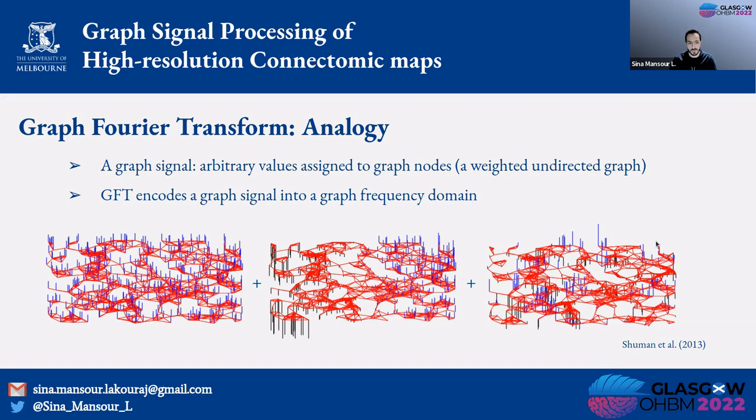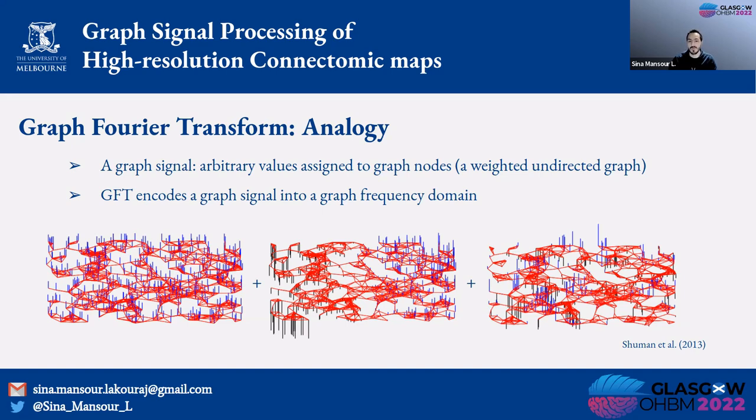So in the picture here, the very first harmonic on the left is the lowest frequency observed on a graph, and we can see that there are not that many perturbations or alterations in the signal in this lowest spectrum or lowest frequency.